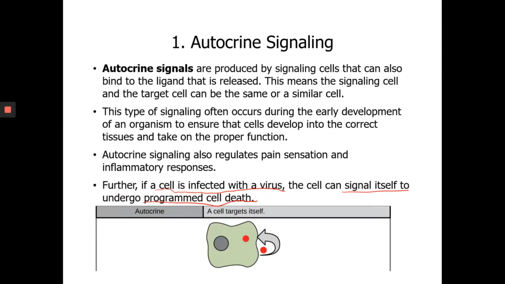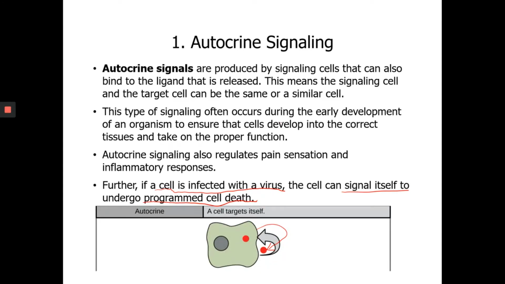This is more like a sacrifice, right? So if the cell dies, the viruses cannot multiply. So the infection of the virus can trigger the cell to release a cell signal, and then this signal can affect the cell itself and trigger a pathway of programmed cell death.